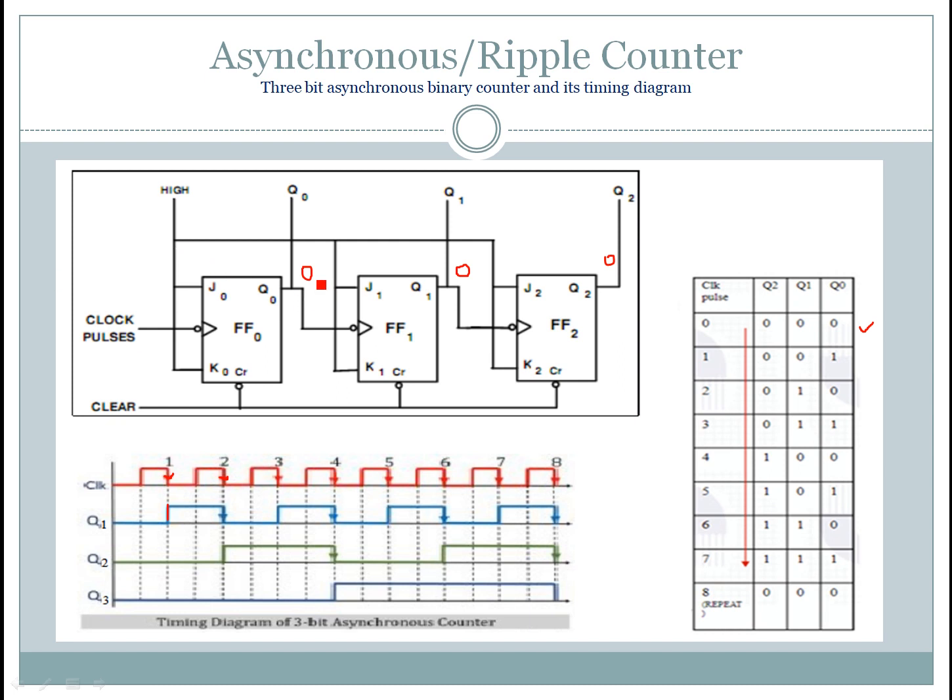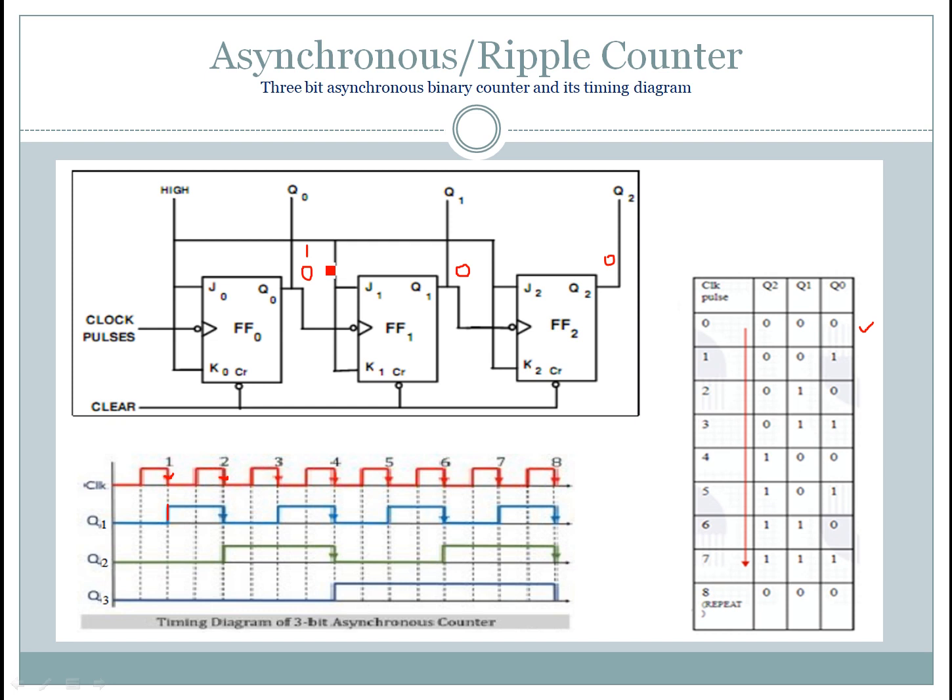So now here the output is 0, so now it toggles to 1. Right? Now what about the FF1 and FF2 flip-flops? Only the first flip-flop receives the clock pulses from the clock generator, but for the FF1 flip-flop the output of Q0 is connected. So now the Q0 output changes from 0 to 1.